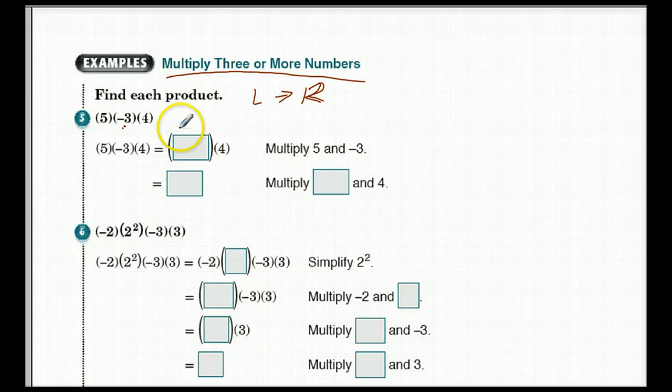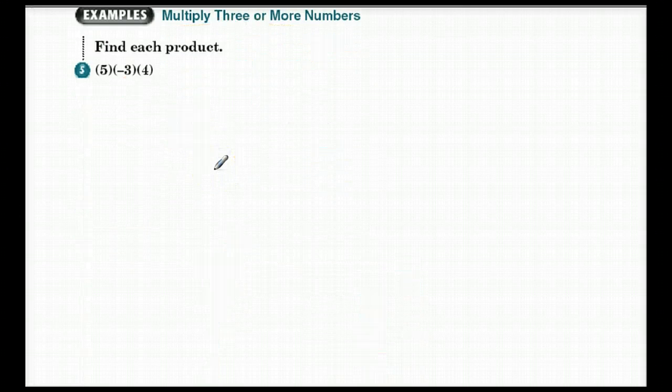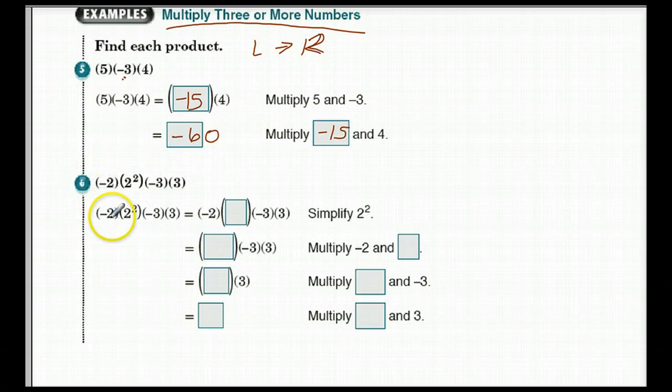That's different signs, so it's going to give us a -15. Now we're going to multiply negative 15 by positive 4. They also have different signs, so that's going to give us a negative 60. Okay, let's try 6.